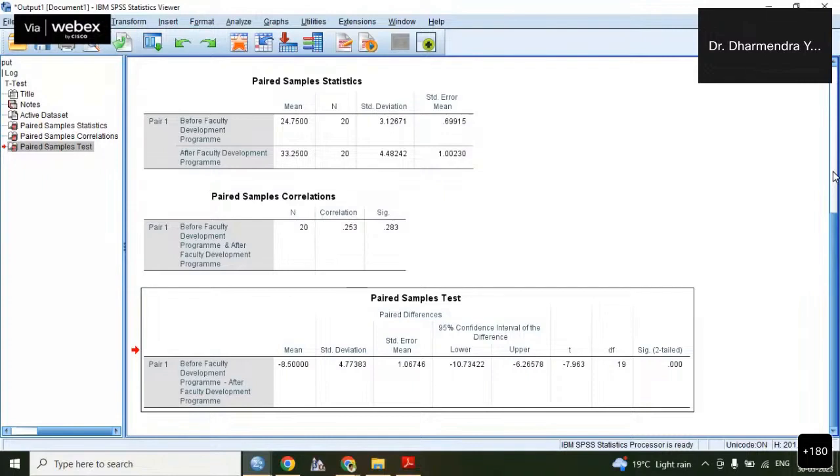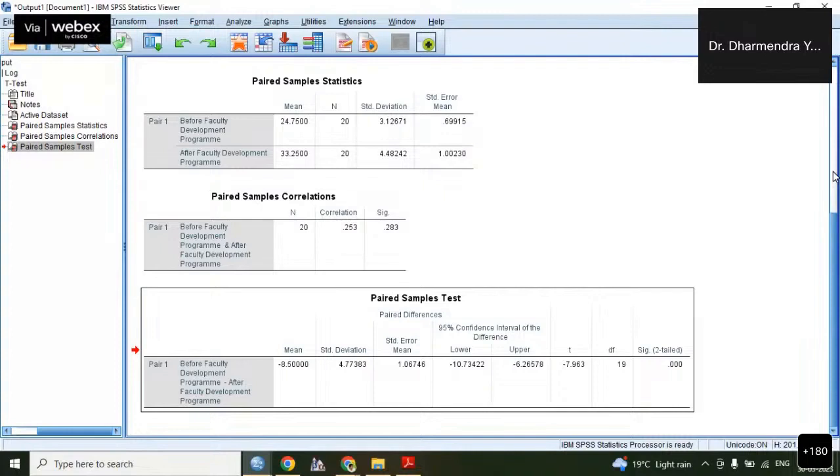Then suppose there are two samples, then the degree of freedom will be n1 plus n2 minus 2. Suppose n1 is in the first group and n2 in the second group, then you sum n1 plus n2 minus 2, because it will reduce by two observations.